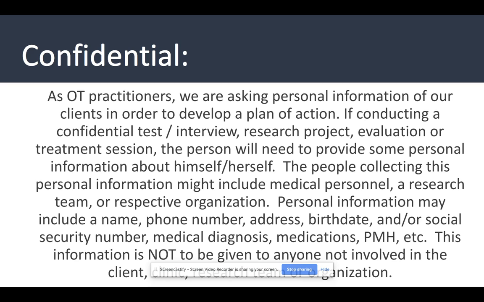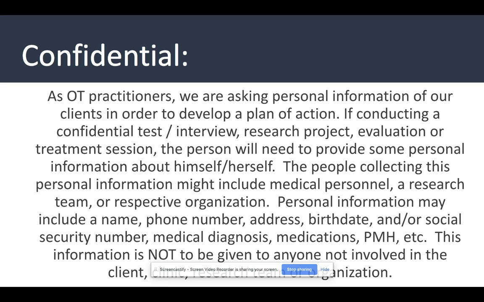The person collecting this information might be ourselves as medical personnel, a research team member, or that respective organization, such as if you're collecting information about how many people from a certain area are coming to your clinic. You might receive some personal information with that which you need to keep confidential.